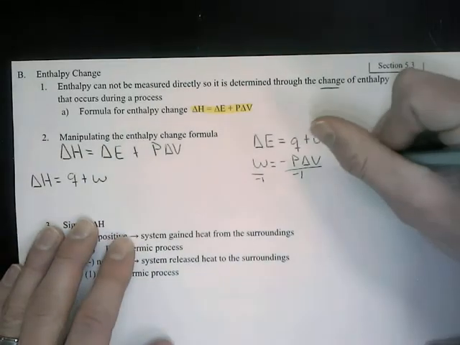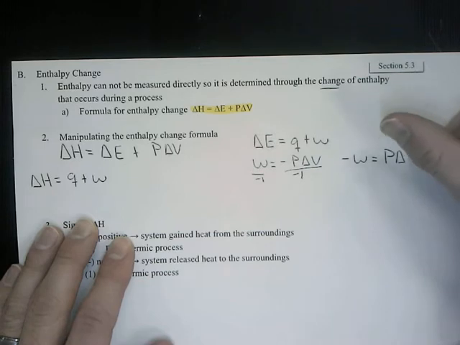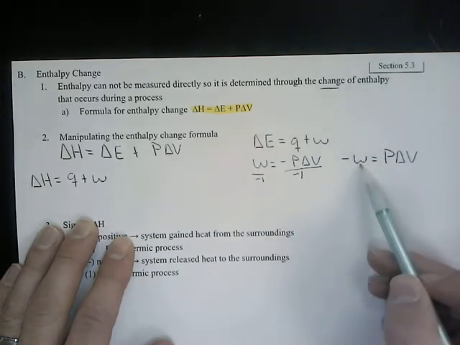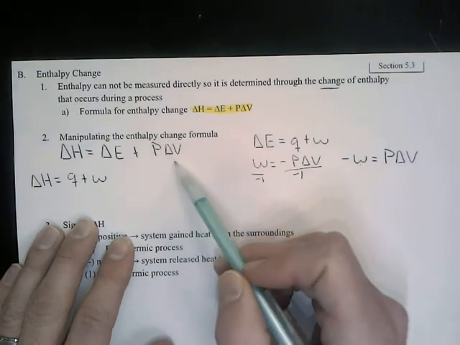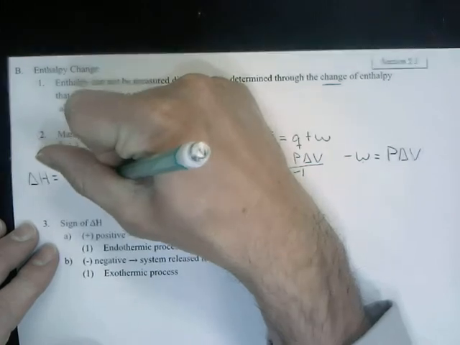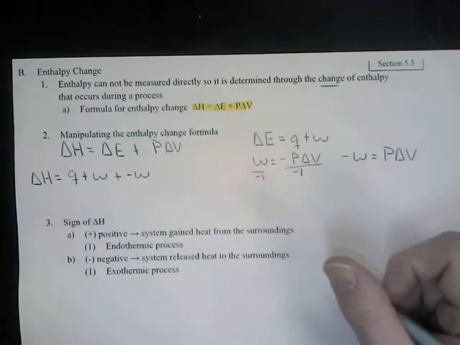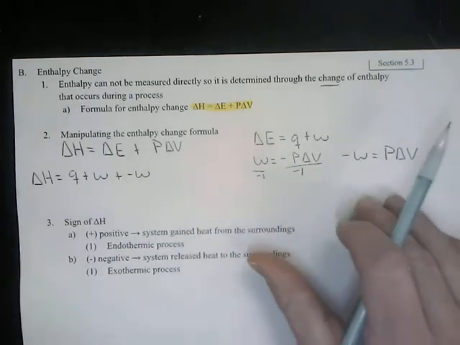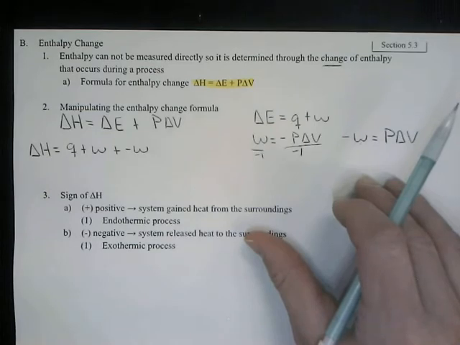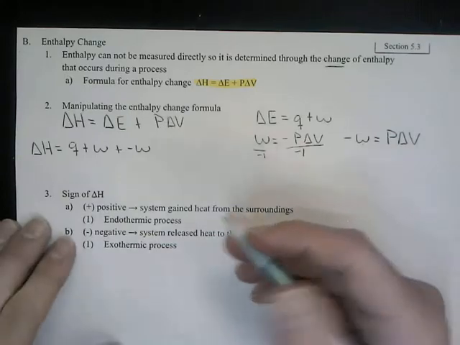And so let's say we have negative W equal positive pressure times a change in volume. Let's substitute this negative W in for P times delta V. So what we're going to do here is we're just going to substitute plus a negative W. Okay? Well, now we got a unique situation here, and that is this. Our delta H is equal to Q.